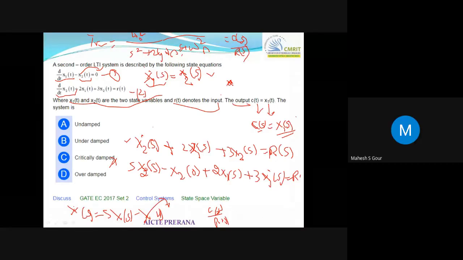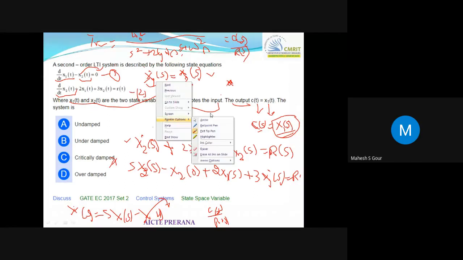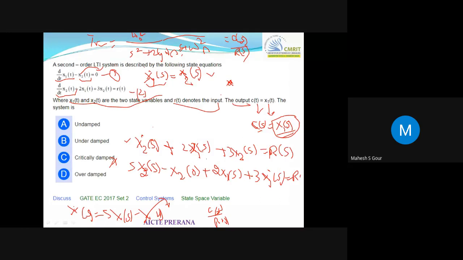Now, you want everything to be in terms of x1 of s, right? So x2 of s, I can write in terms of x1. Okay, x2 of x0 is 0 because there is no initial condition. x2 of s is equal to x1 dot of s, so I can write s into x1 dot of s.